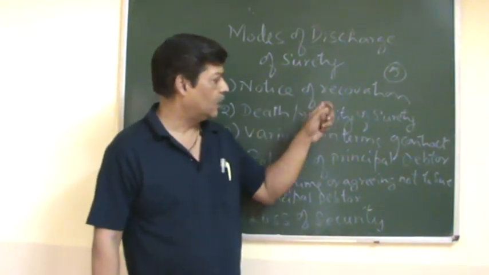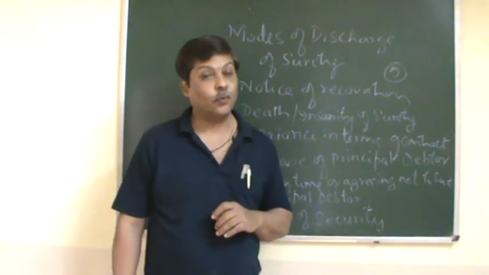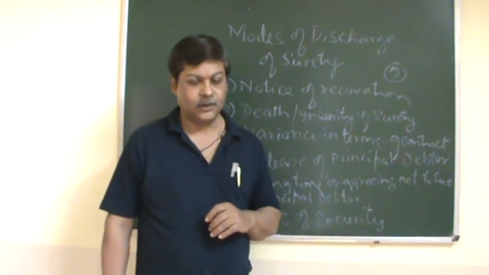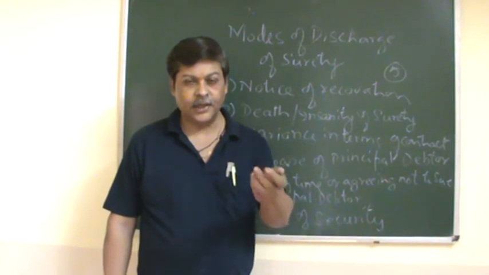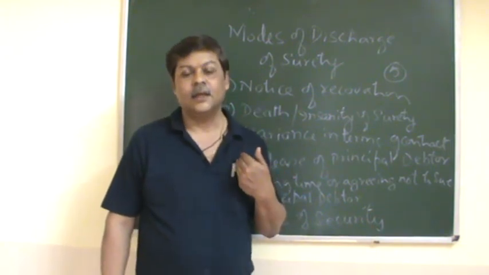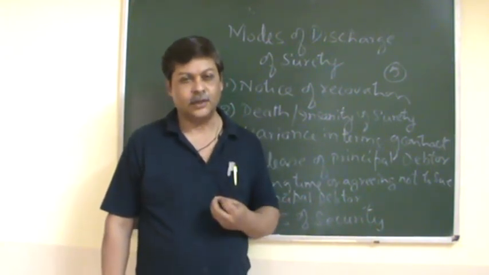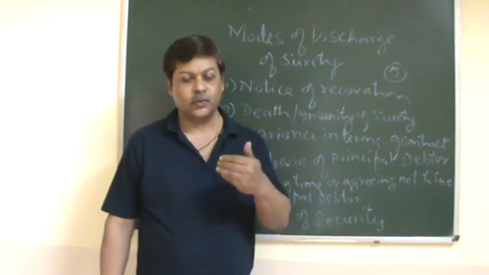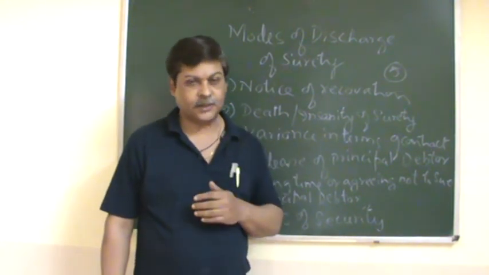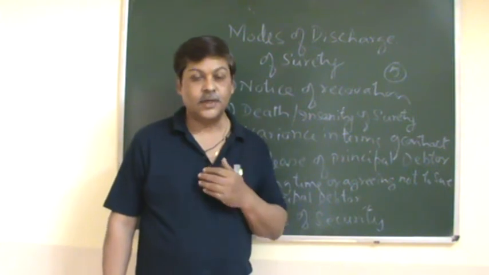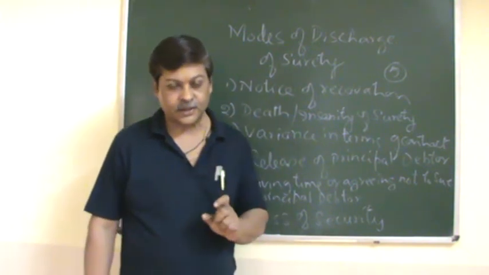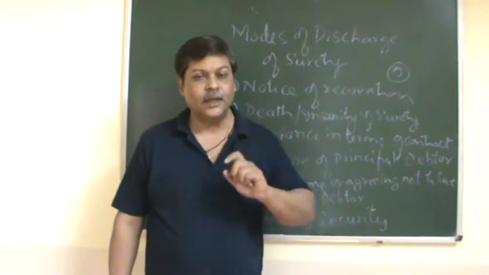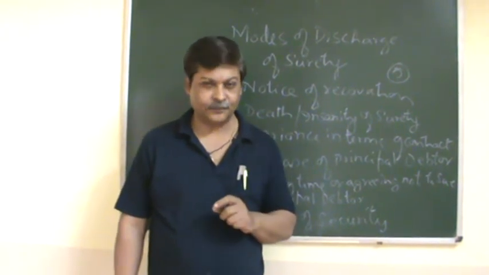The first one is notice of revocation. Where the surety intends to revoke the guarantee he has given, he has to send a notice of revocation by letter to the creditor as well as the principal debtor. But this is not possible in a specific guarantee.